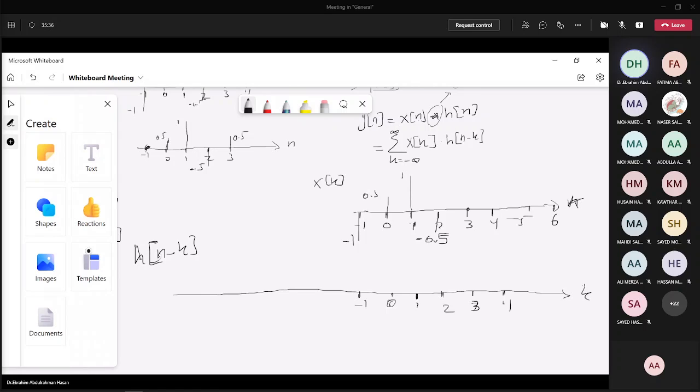The distance between these points is equal to 1, 1, 1. If we flip it, then we start at 0. This is 0.5. Then we have 1. Then we have minus 0.5. Then we have 0.5 again.